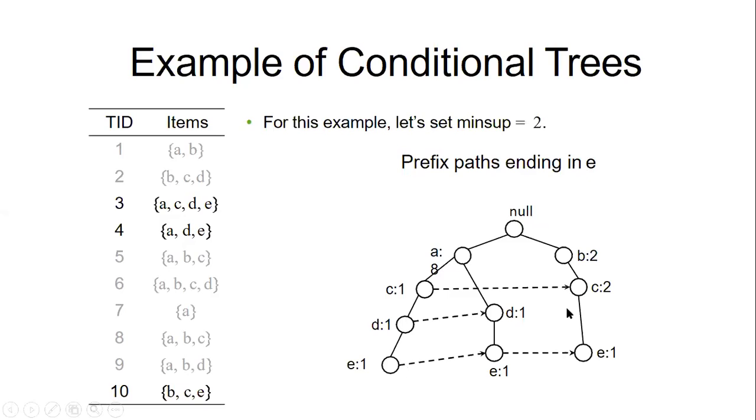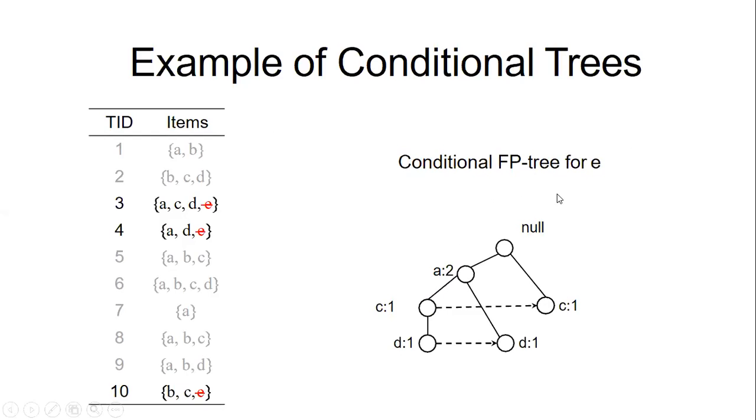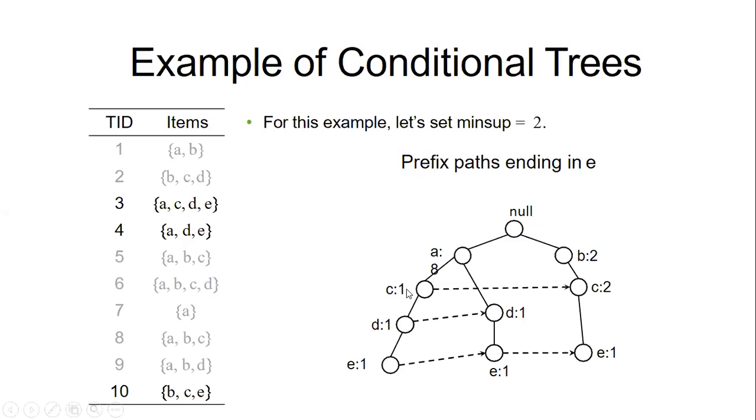So I have to construct a conditional FP tree for E. What I am doing is just taking the paths and cutting off the E. So I'll get ACD from the transaction ACDE, then ADE, and BCE, the last transaction. Now I cut off all the E's here.